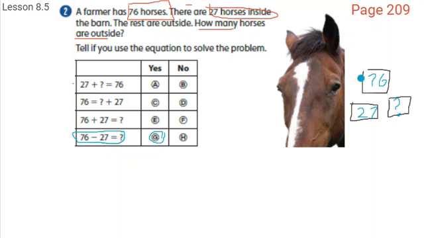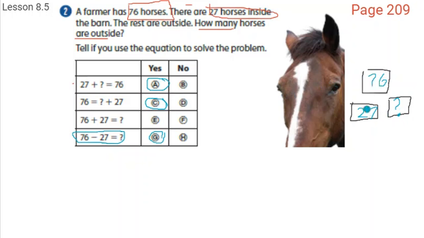Notice how I did that? 76 minus, if I'm going this way, I'm subtracting. Let's try this. 27 plus something is equal to 76. Yes. 76 is equal to something plus 27. Yes.